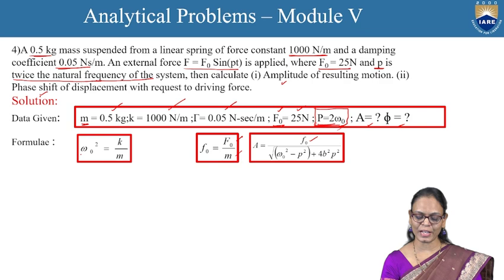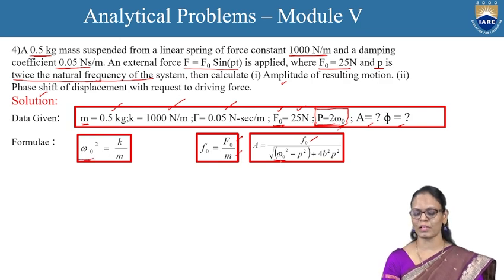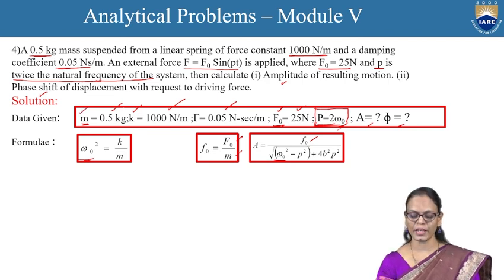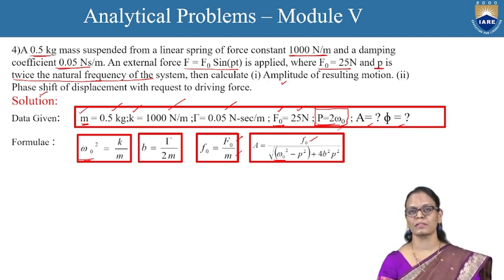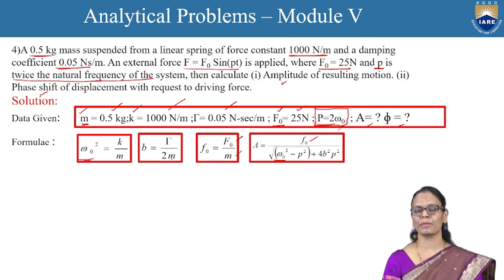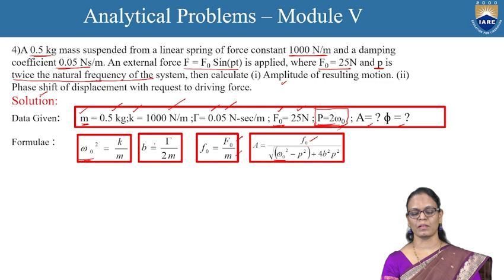Then we will find omega naught square because we want omega naught square here, which is K upon M. K is given, M is given. And then we also need B. B is gamma by 2M. The damping coefficient is given, upon 2M gives us B. So first we will find these values and then get the value of A.